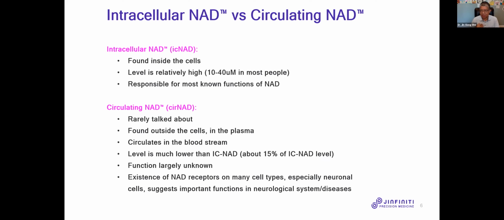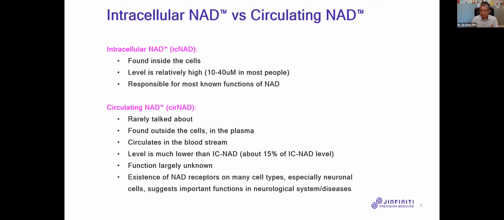Circulating NAD is not very often talked about, and you may or may not have heard of it, but these NAD molecules found in the plasma circulate all over the body. They play potentially very important roles because NAD can serve as a ligand, and there are NAD receptors on certain cell types, especially neuronal cells and the immune cells.